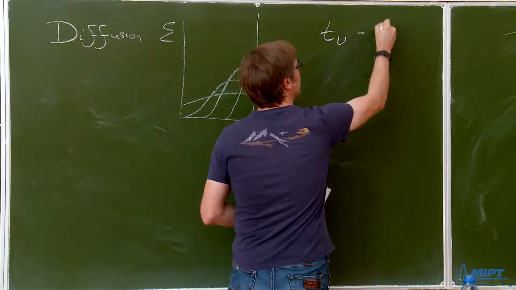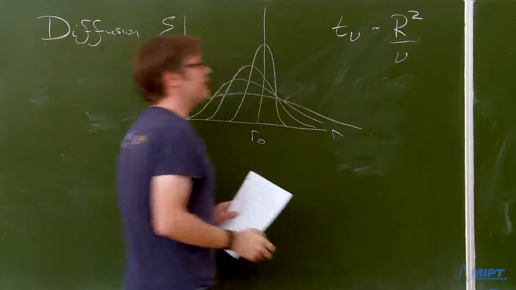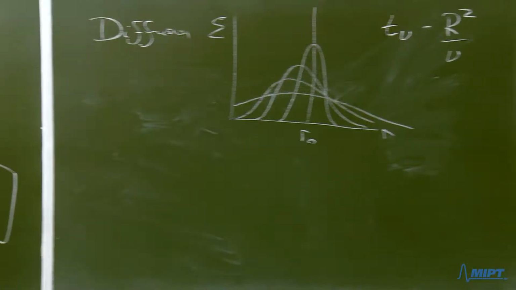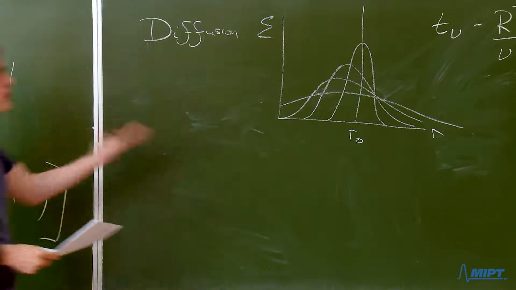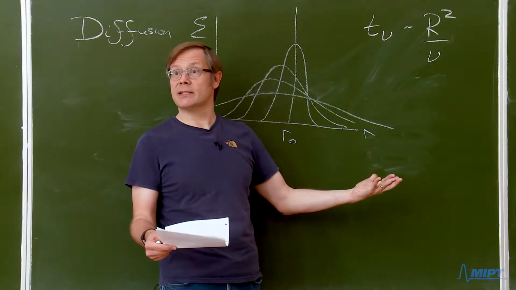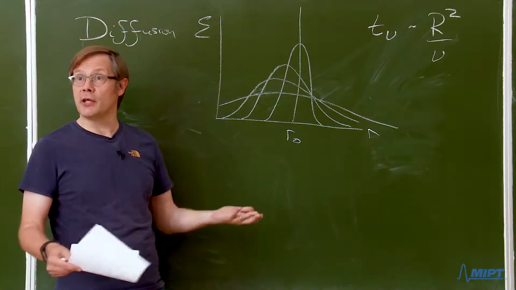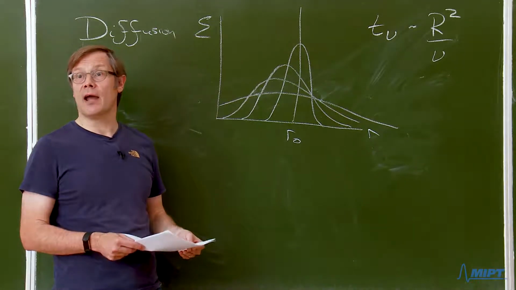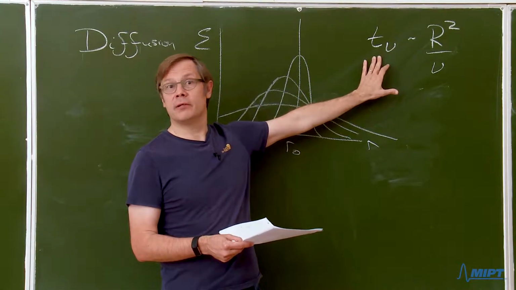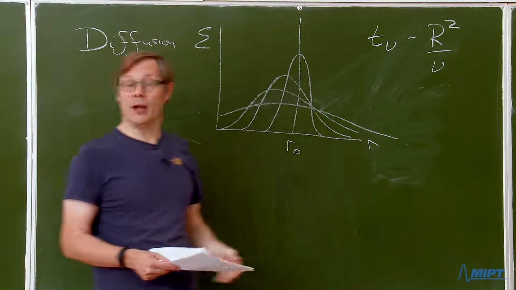Call that T nu, which would just be some characteristic scale squared divided by the kinematic viscosity. So if we know something about the viscosity, then given a system of some particular scale, so if we think of a protoplanetary disk, we might be thinking of 10 AU or 100 AU as being the characteristic scale within the disk, we can calculate the time scale on which the viscosity would cause that system to evolve.